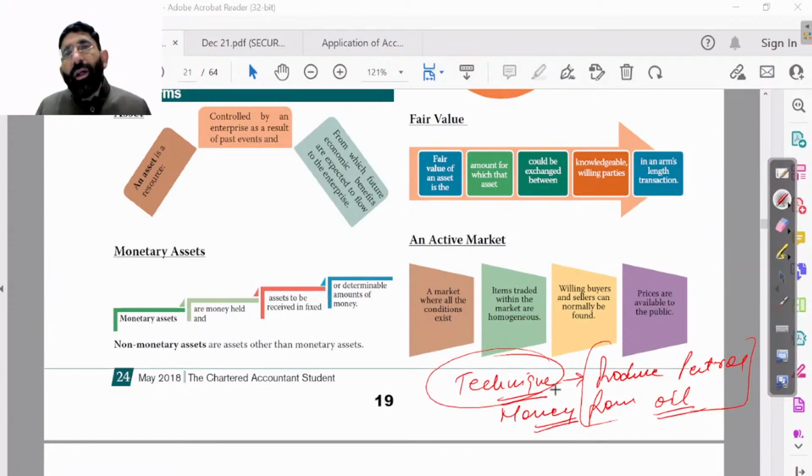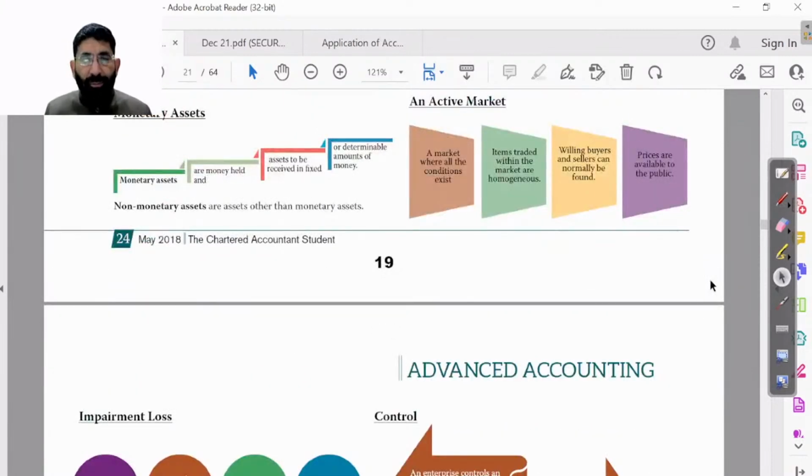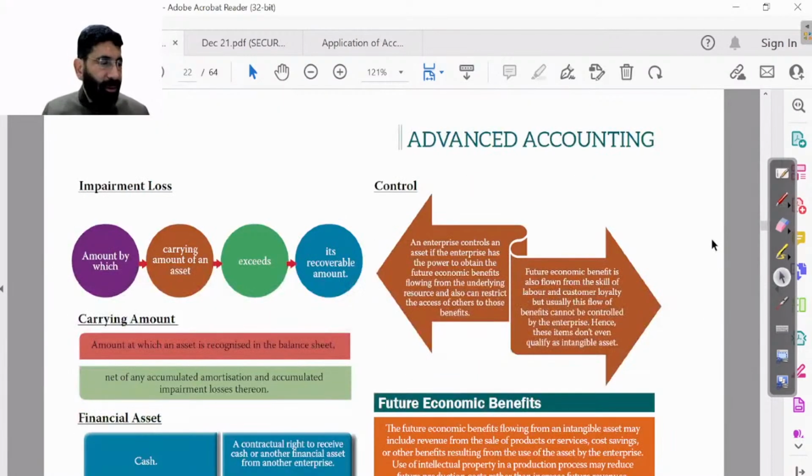If you are interested to sell it, or to record it in your books of accounts, then what will be the value of this technique? If this can be valued, it is called a monetary asset. And if it cannot be valued, it is called a non-monetary asset. We are unable to calculate it, then it is a non-monetary asset. Intangible means something which is not physically present with us.